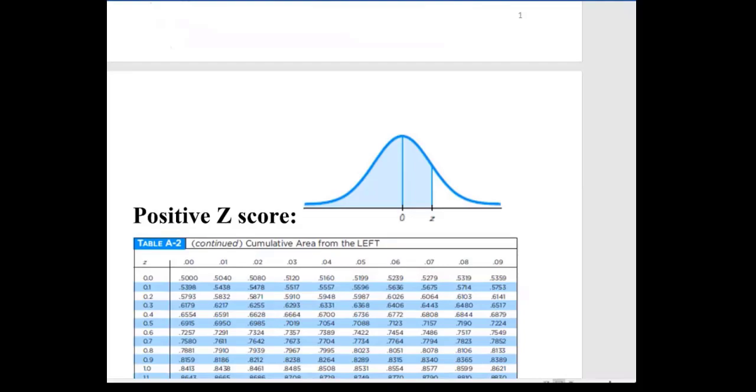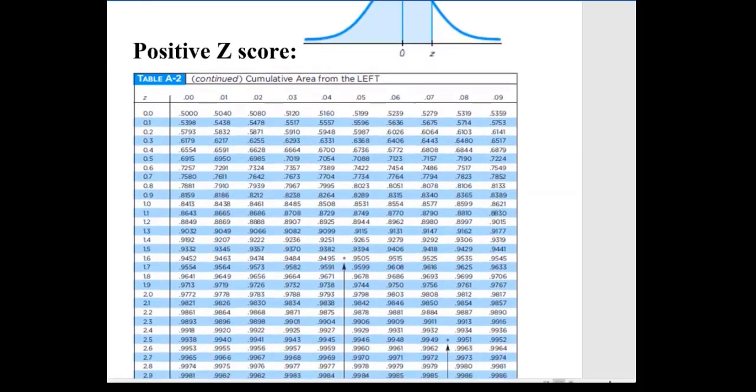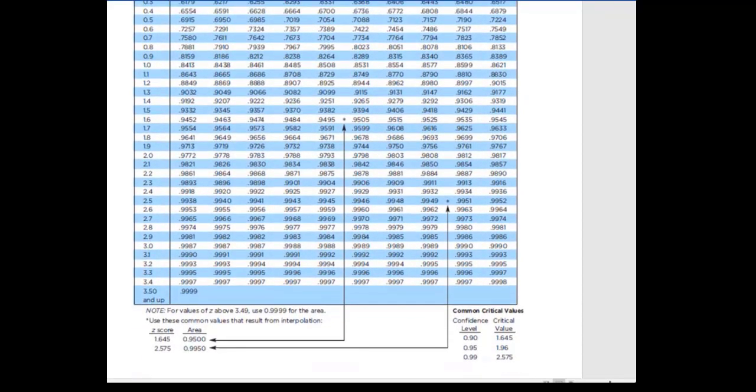And so when we look at positive z-scores, notice what happens. Look at those asterisks. We are changing the z-score to positive, 1.645. So area to the left is 0.95. Understand what happens. Area to the left is 0.95.